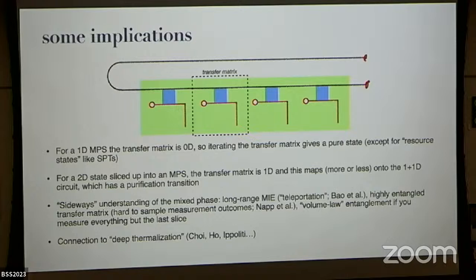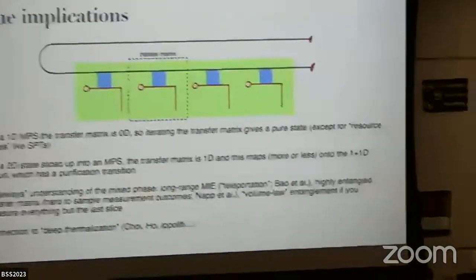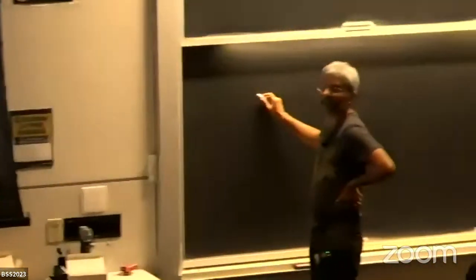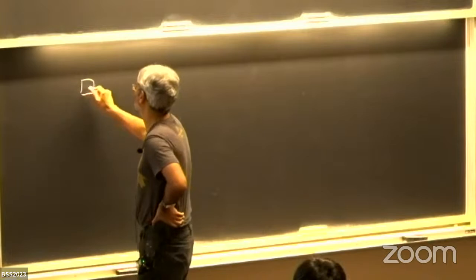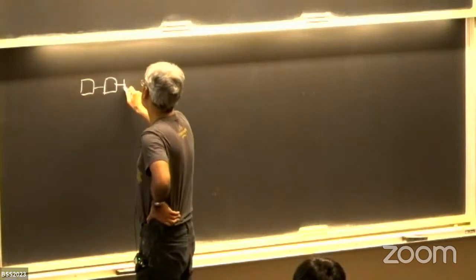This also connects to things like, if you took a pure initial state and you ran... let me say this more precisely, because it's maybe interesting. So let me draw this two-dimensional random circuit again, just to remind you how it works.